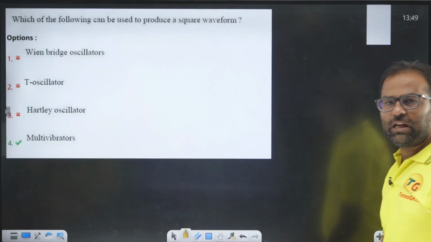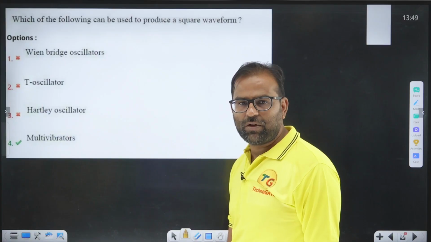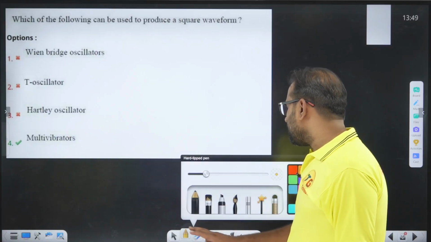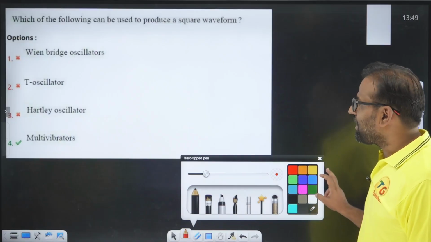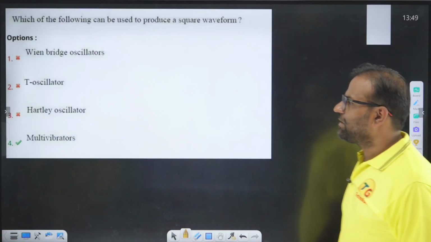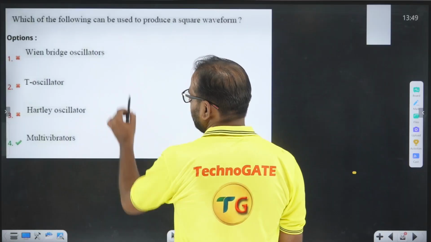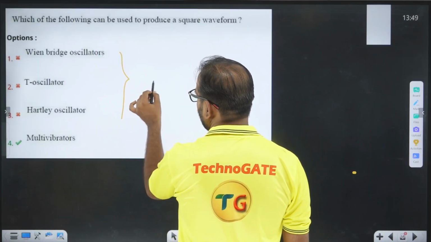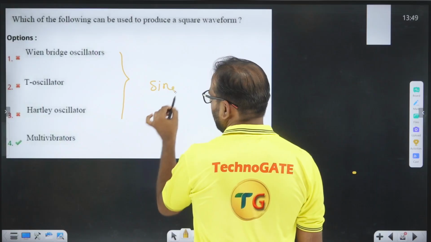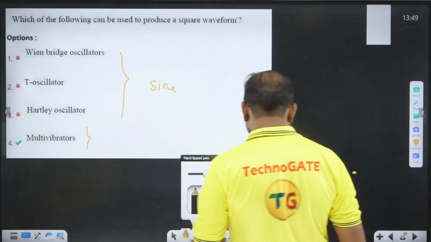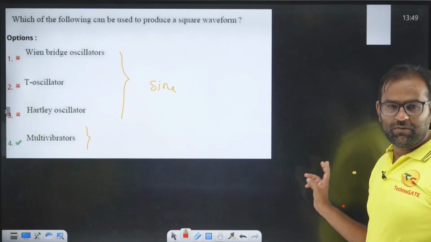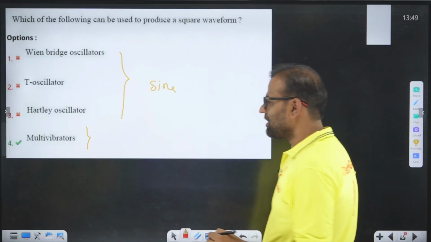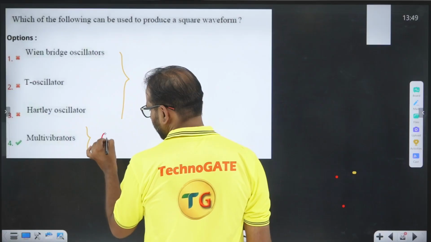Which of the following cannot be used to produce the square waveform? Always remember, the Wien bridge oscillator, T oscillator and Hartley oscillator are sinusoidal oscillators. Only astable multivibrator can act as an oscillator, and that is a square wave oscillator.